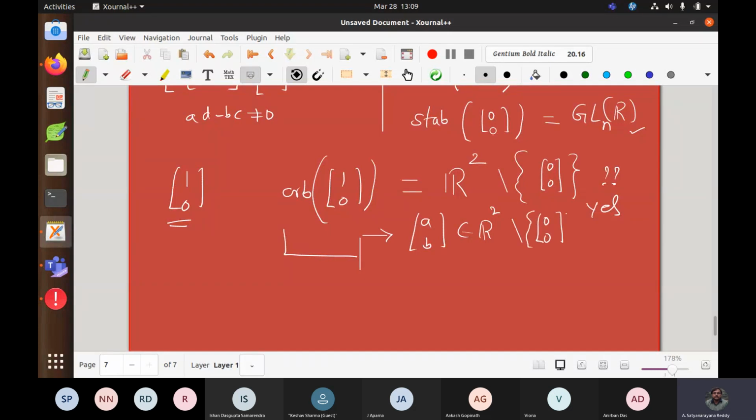Now I want to show that in this orbit, that means there exists some matrix A belonging to GL2 of R. What is the condition? Remember, it is in GL2 of R, so it should be non-singular, and also it is taking 1, 0 to (a, b).